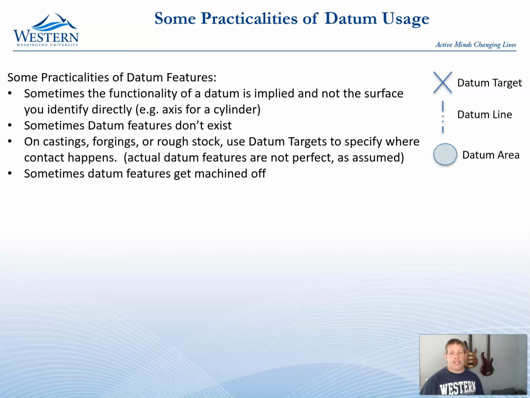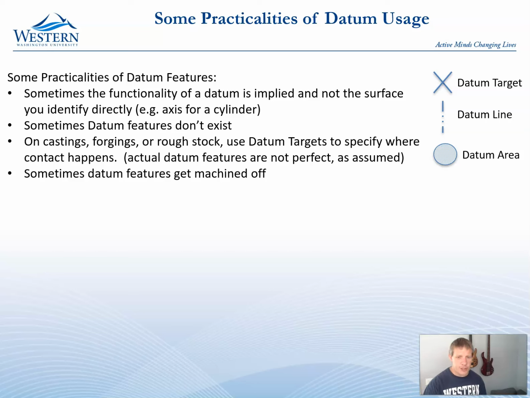And so instead, they will call out a datum area or a datum target, and they may list a size of the contact that is supposed to hit that area. What they're doing is having something that has a little bit of size to it so it can average out over that rough surface. And if there's a really sharp edge on that rough surface, when you press it onto that datum, it may squash down that sharp surface as well.